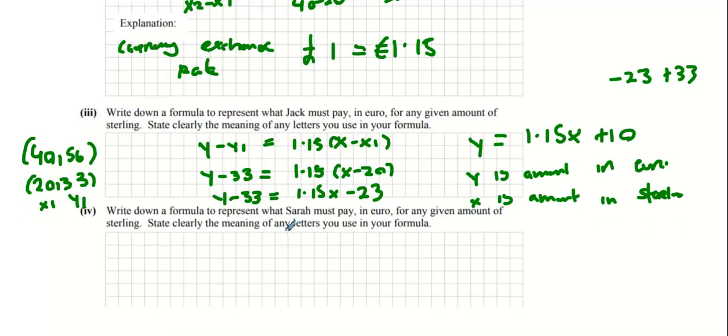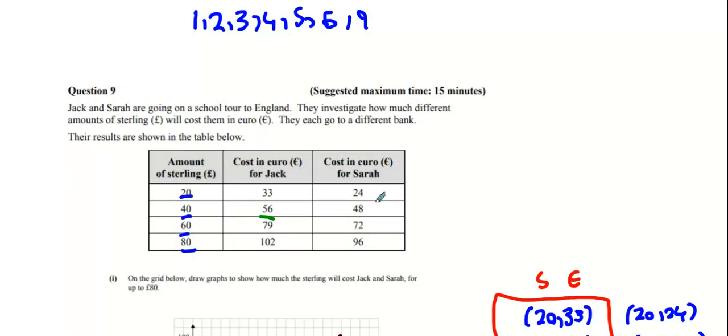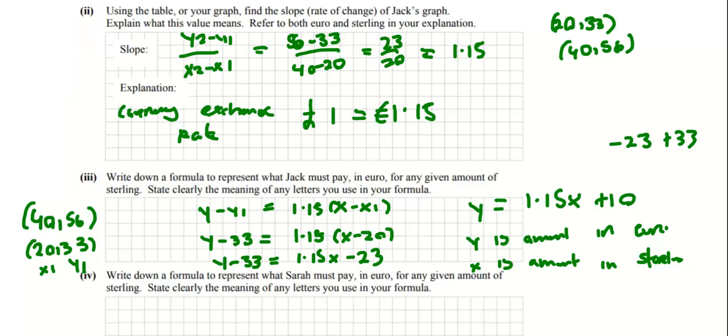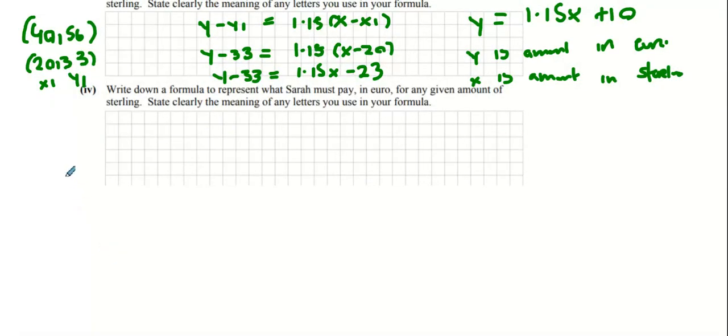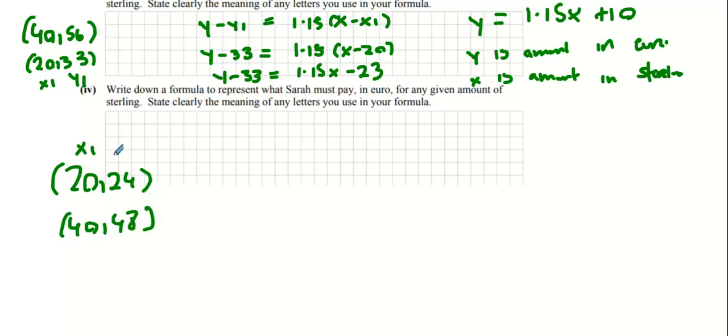Write down a formula that would represent what Sarah must pay in euro for any given amount of sterling. So in Sarah's one, the 2 points we're going to use are 20, 24 and 40, 48. We find the slope first using the slope formula. So y2 take away y1 over x2 take away x1.